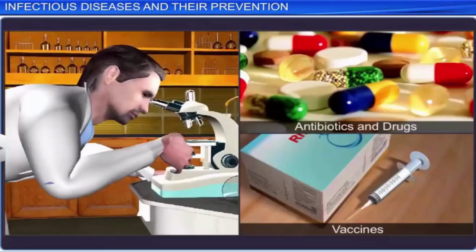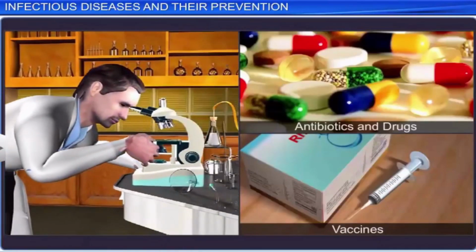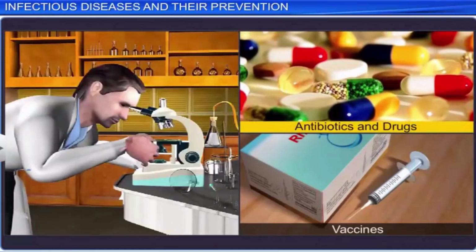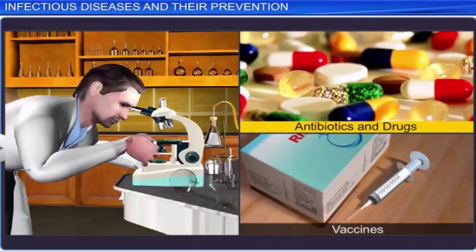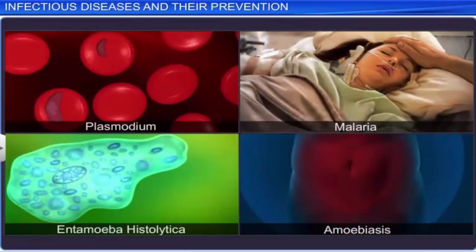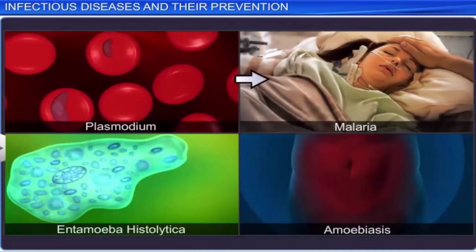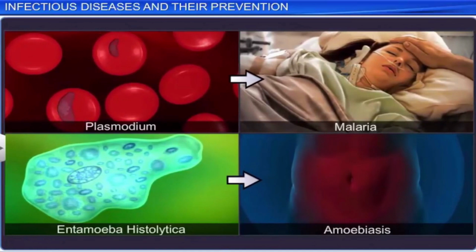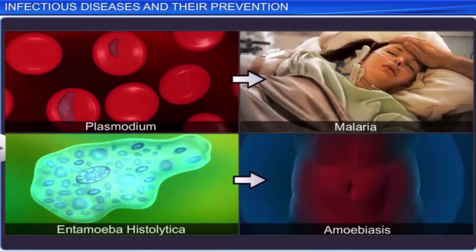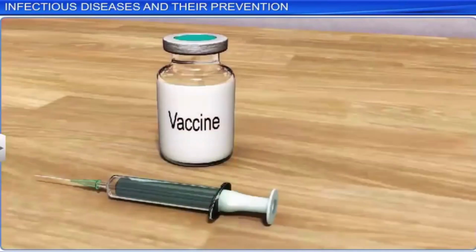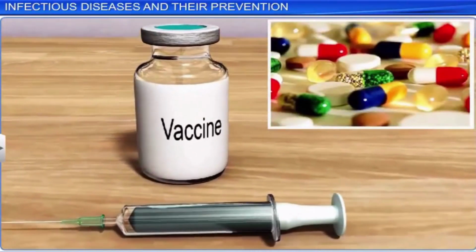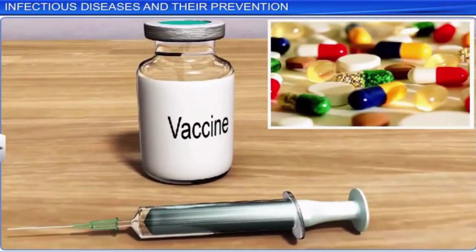With new emerging developments in biotechnology, several antibiotics and drugs have been discovered that are effectively used in the treatment of infectious diseases. Though malaria and amoebiasis are caused by protozoans, they are transmitted by vector mosquitoes. However, with careful control measures, vaccination and drugs, these diseases can be dealt with.